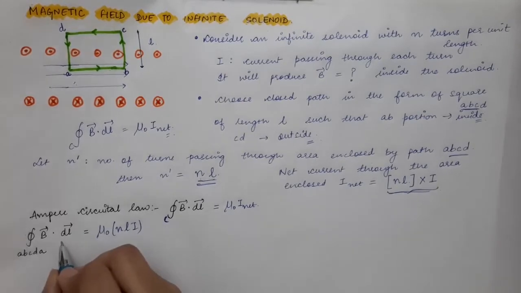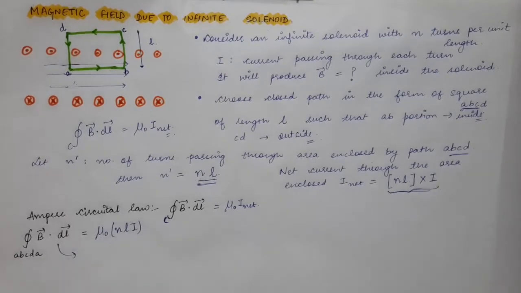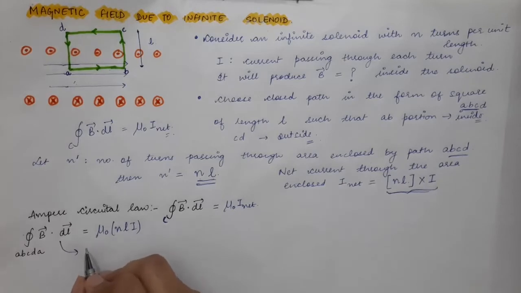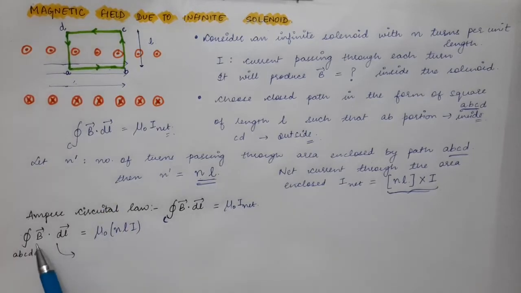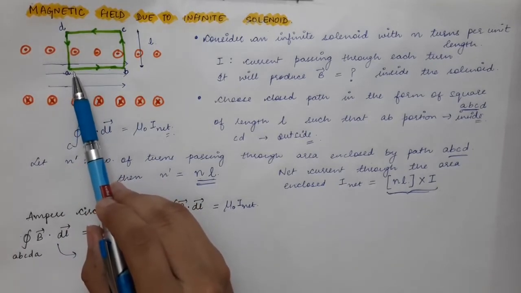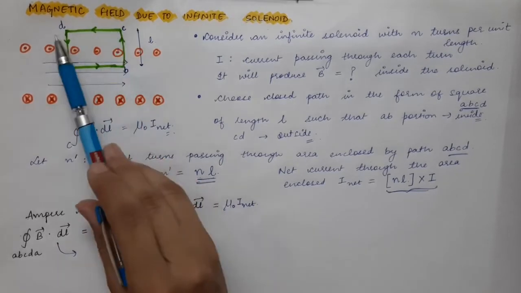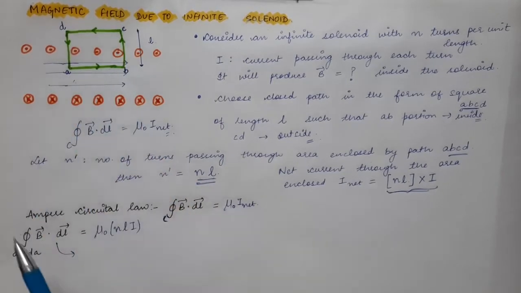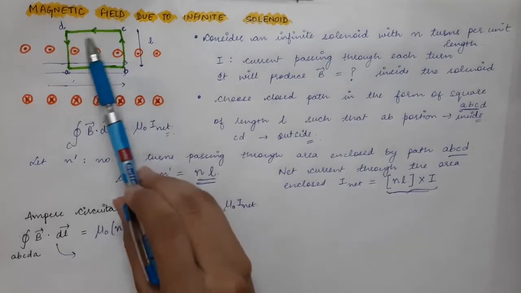Now we will evaluate this left hand side. This left hand side is over the path A, B, C, D, A, so we can break this integral into 4 integrals.